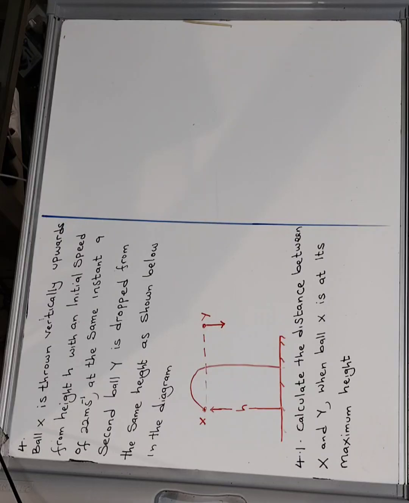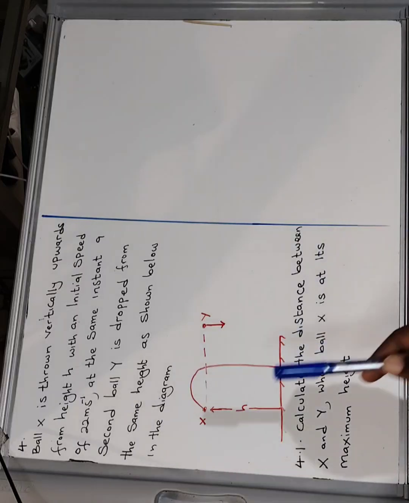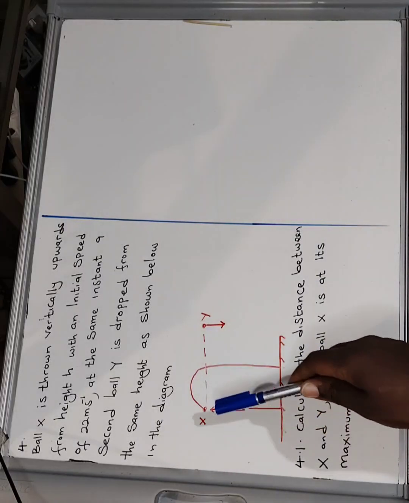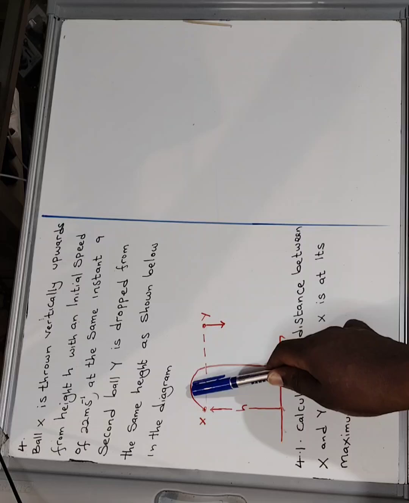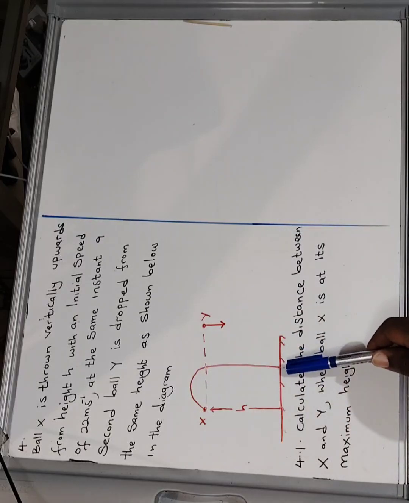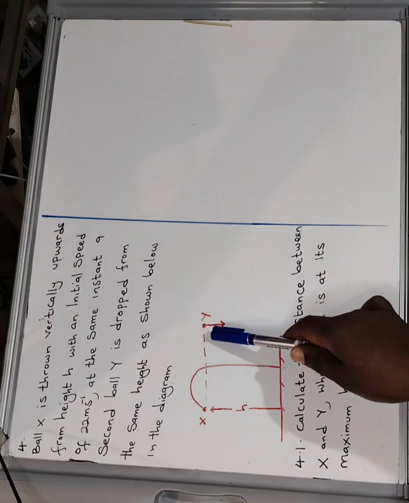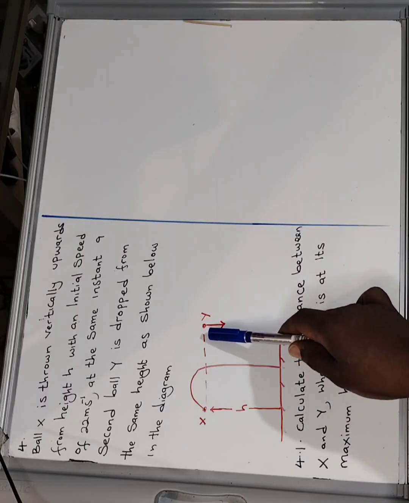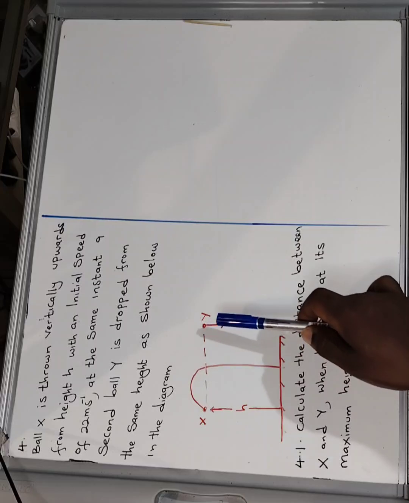Okay. This is what we are having. We are having ball X projected, reaches maximum height, then drops and hits the ground. Then you have ball Y at the same height.